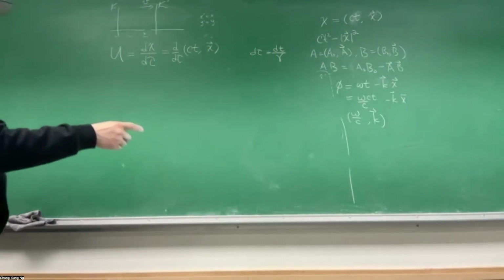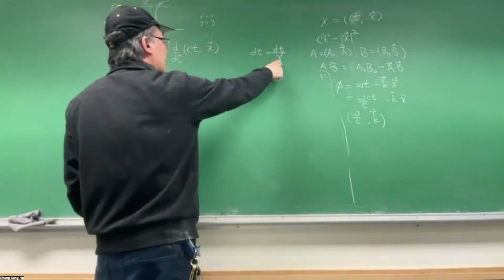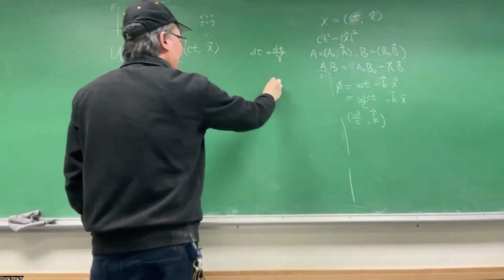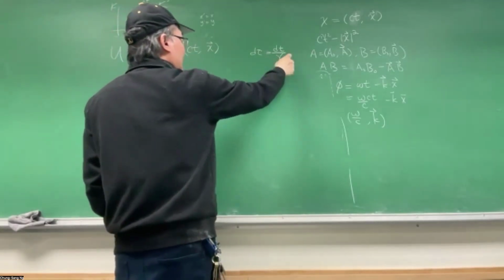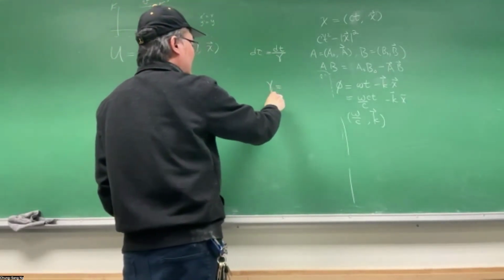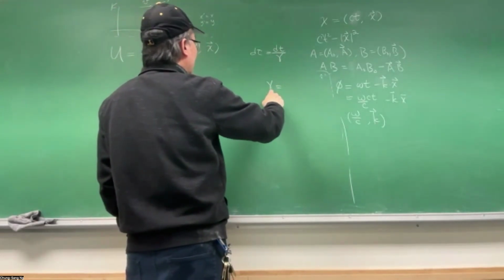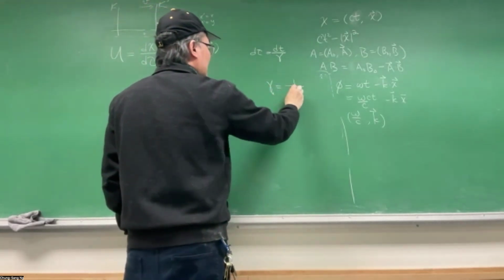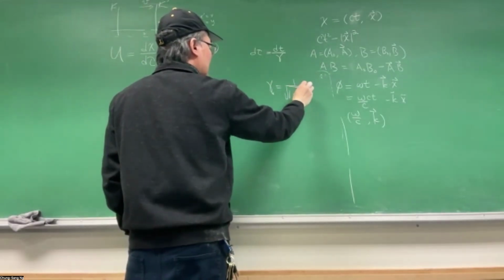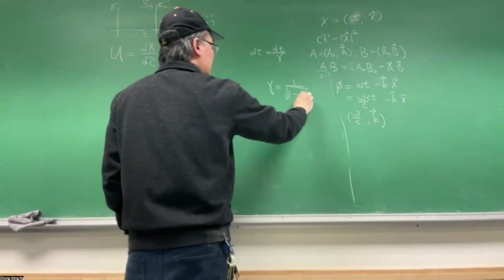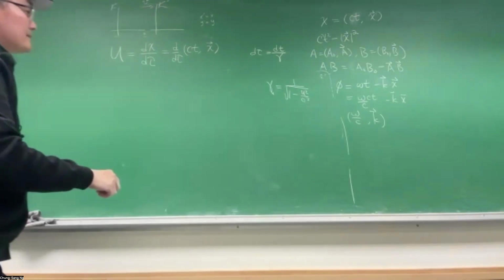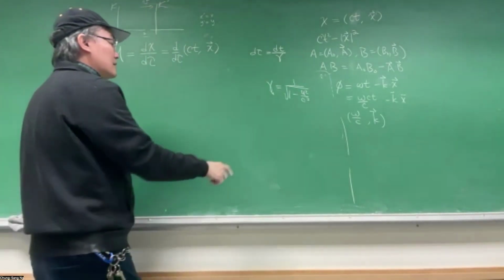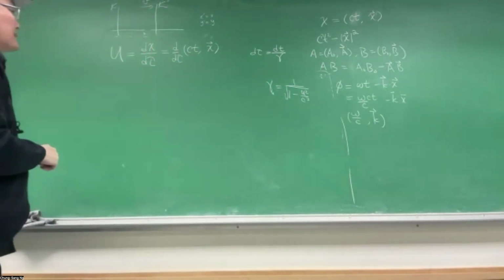So whatever velocity you want to consider, you consider that gamma. I think Jackson uses gamma sub u to indicate this is the gamma factor of that object, where u is the velocity of that object. Okay.